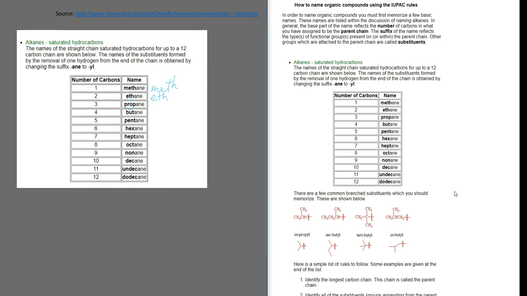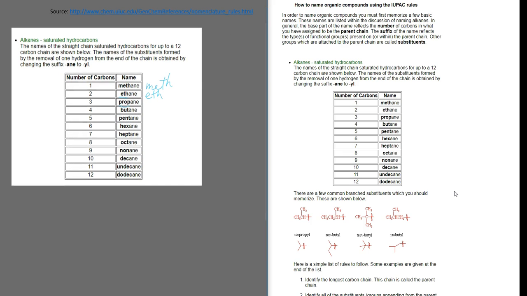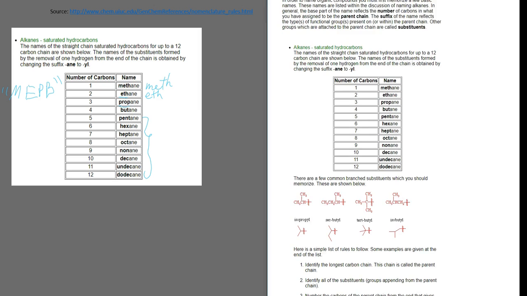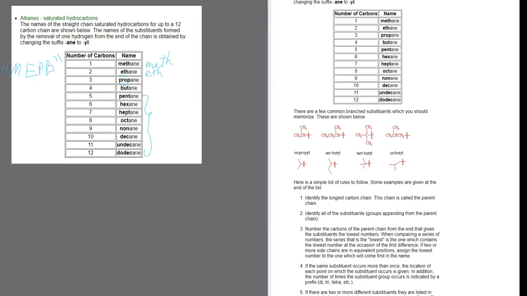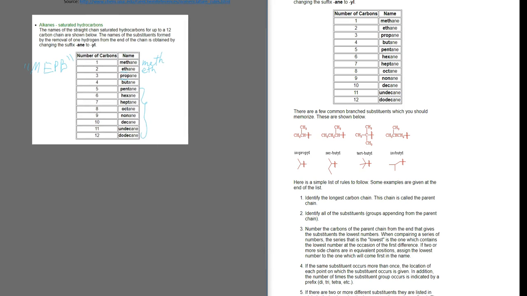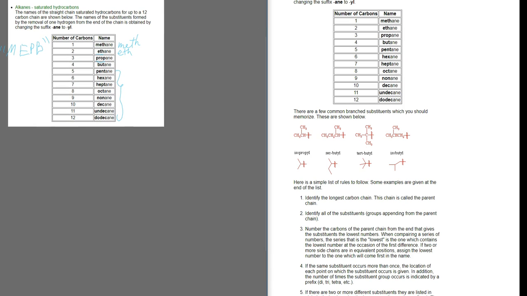I just like to think of it as MEP, if I just say it out loud. It's like MEP. And then the rest follows the traditional Greek prefixes from 5 and onward.